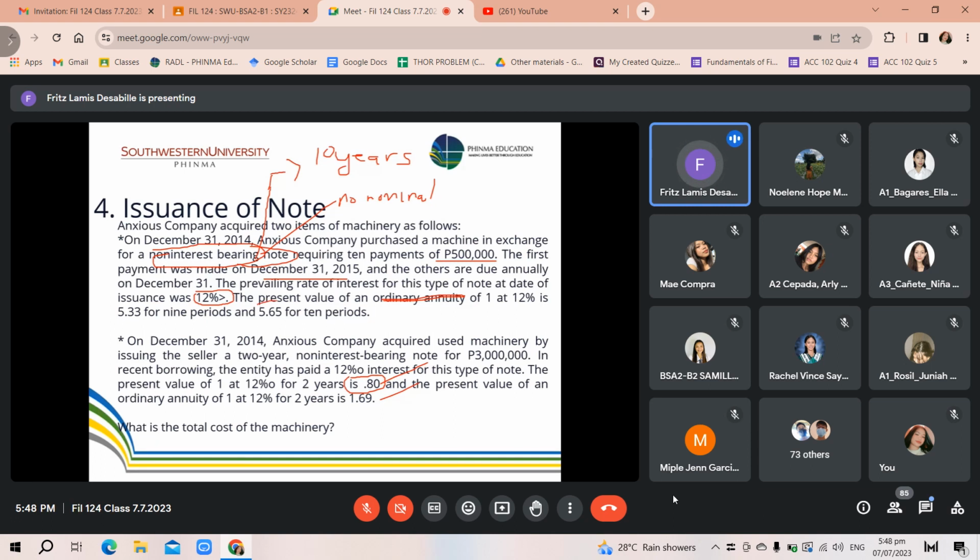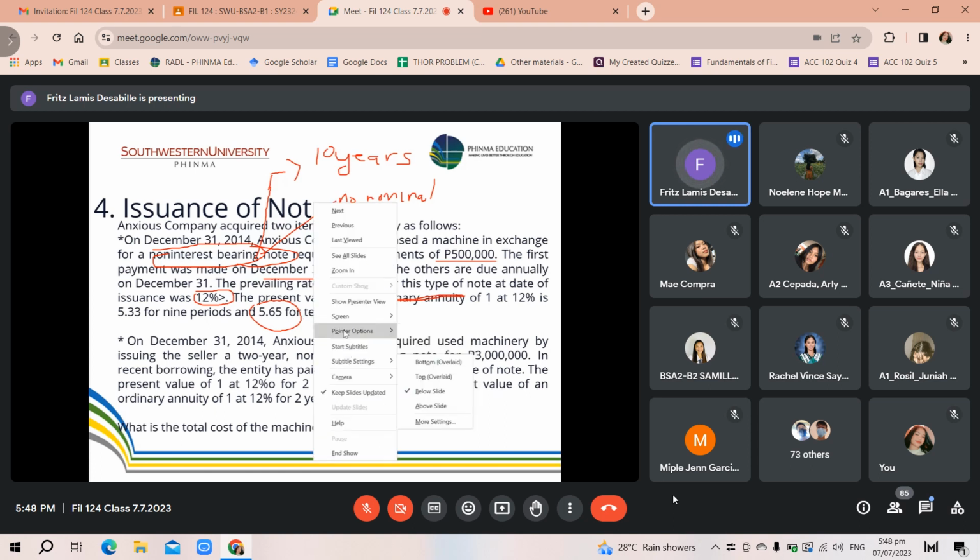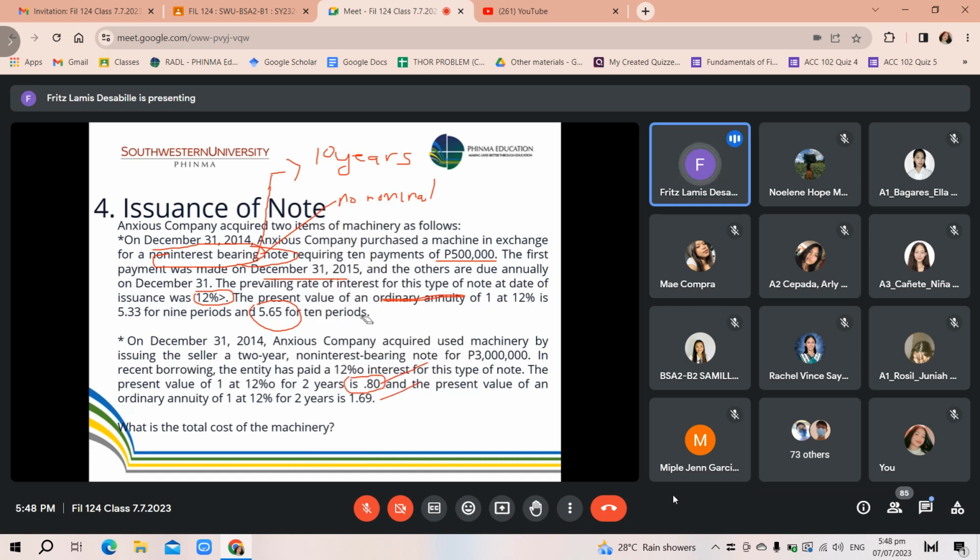The present value factor is already given. But what if in the quiz the present value factor is not given and you have no cycle and no basic calculator? So what I want you guys to do right now, at your home or wherever you are located, please recompute this 5.65.